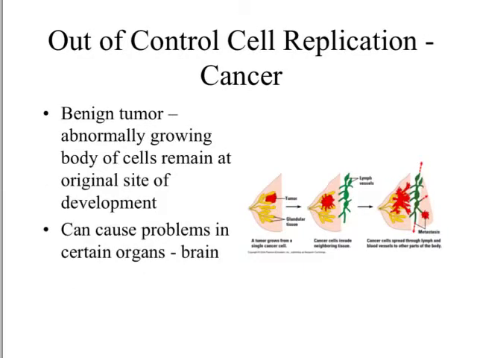Now, there are many different types of cancer. We can have just a benign tumor, which is abnormally growing cells, but they remain in the site of development. They don't break off and start spreading all around. So in a sense this is the best kind of cancer to have, because the cells just stay there. They're not spreading at all.